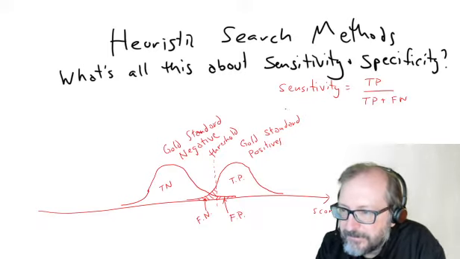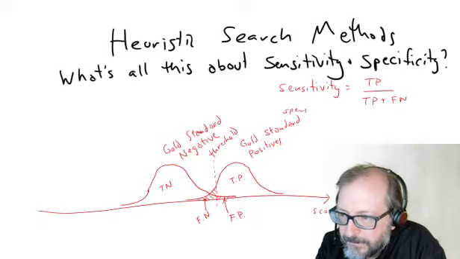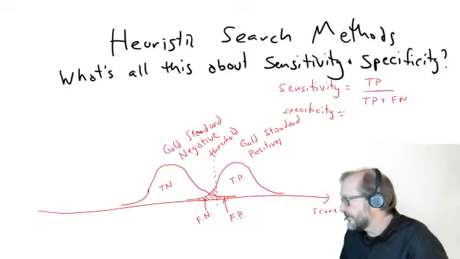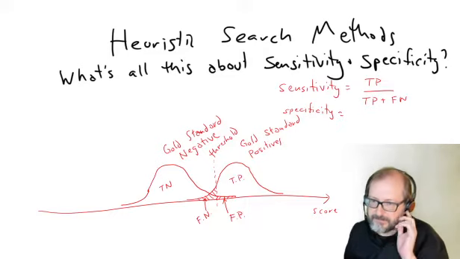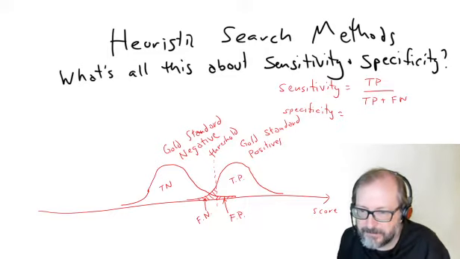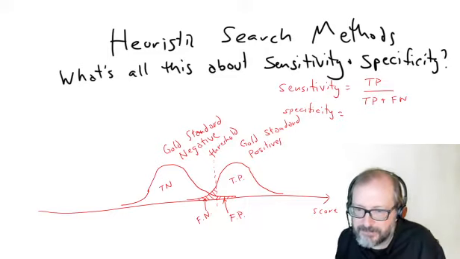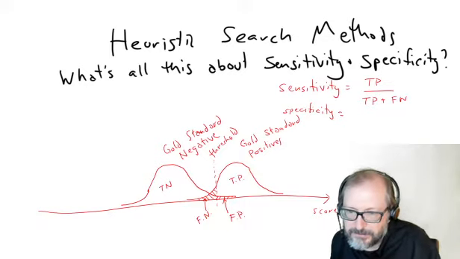And then specificity is kind of the converse or the dual of this. That's how many of the gold standard negatives were true negatives.